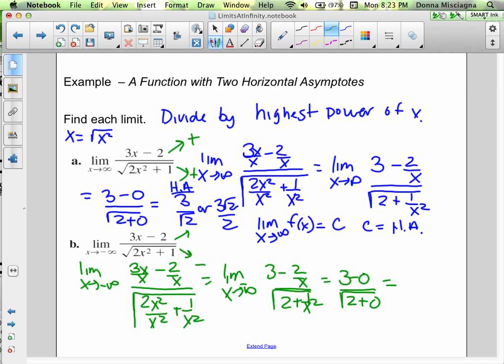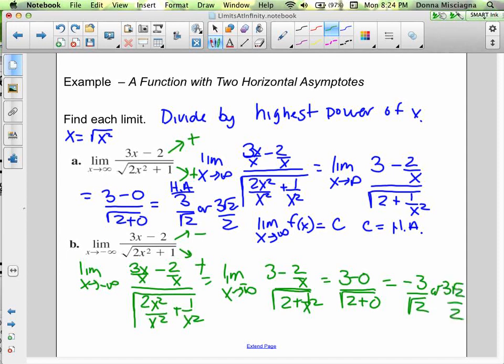As we approach negative infinity, that's going to be negative, but this is still only going to be positive. So positive divided by positive, that's positive. But a negative divided by positive is going to be negative 3 over the square root of 2, or negative 3 square roots of 2 over 2.